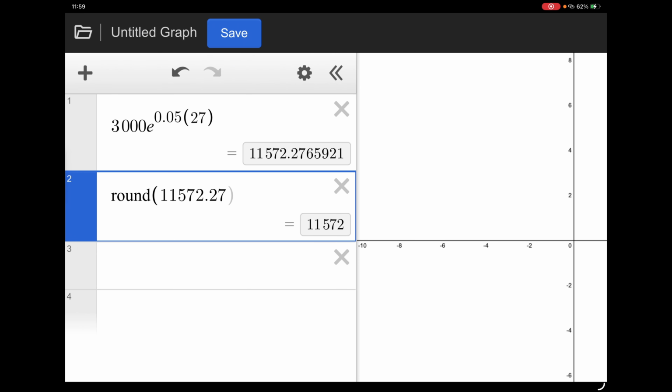So our steps are going to be the same as before. From our notes, we're going to start by dividing this amount by the 30,000. That's going to leave us with e to the 0.05 T.